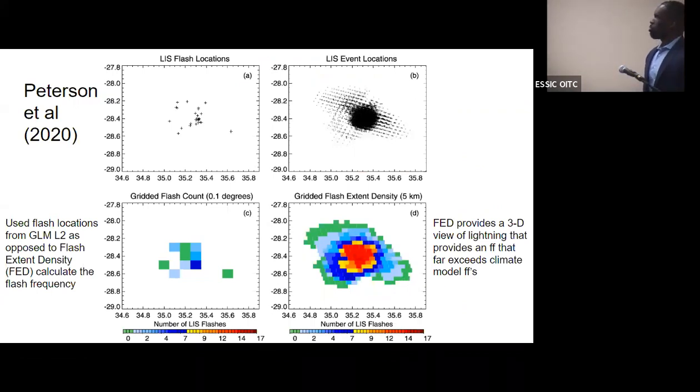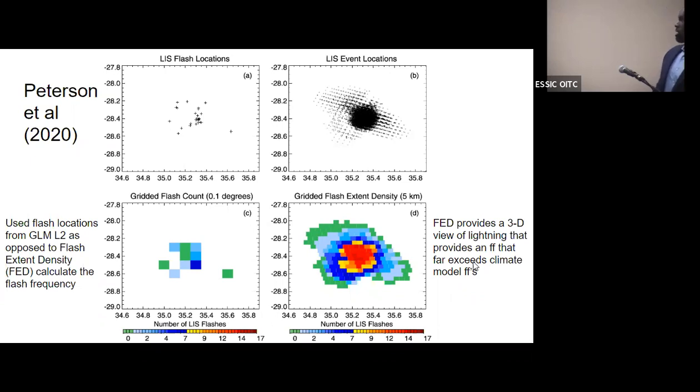So we use the flash locations as opposed to a gridded product like flash extent density, because we actually did do an iteration of calculating the flash frequency where we used the flash extent density, but our flash frequency calculation ended up far exceeding the climate model flash frequencies.